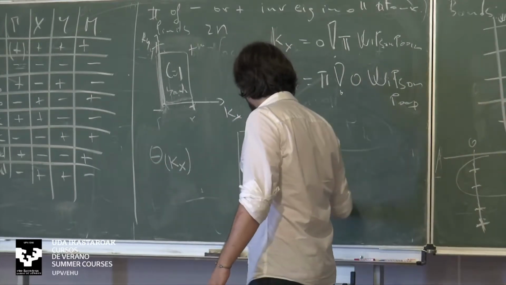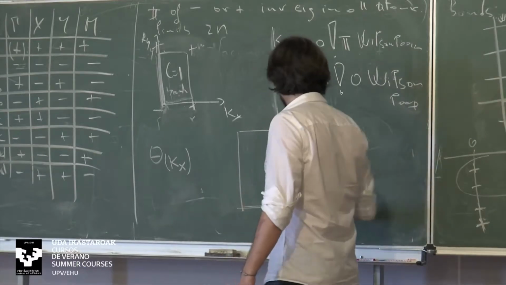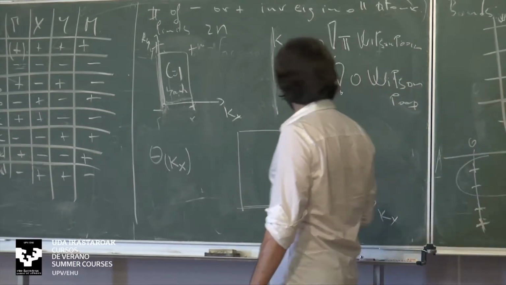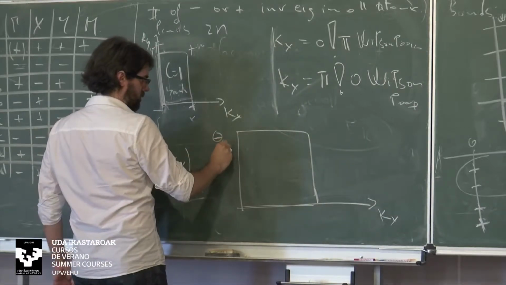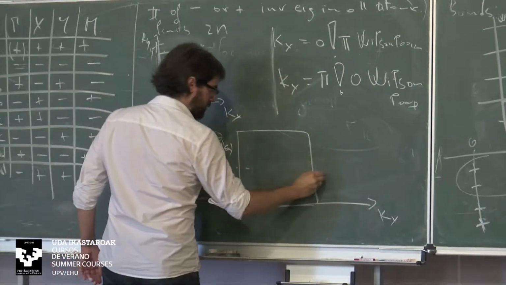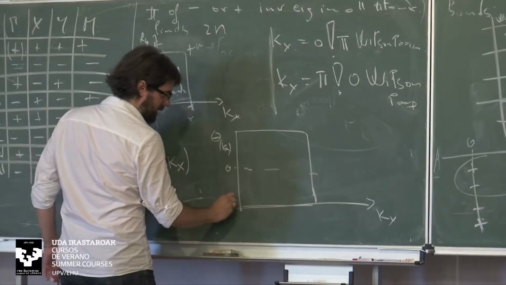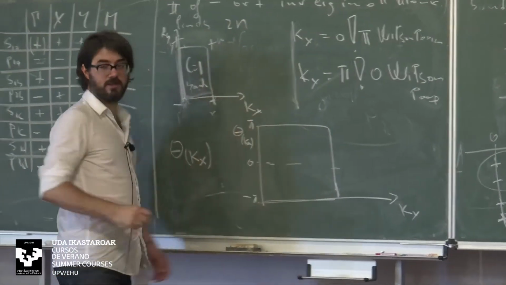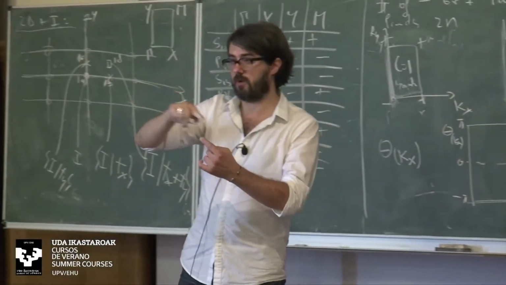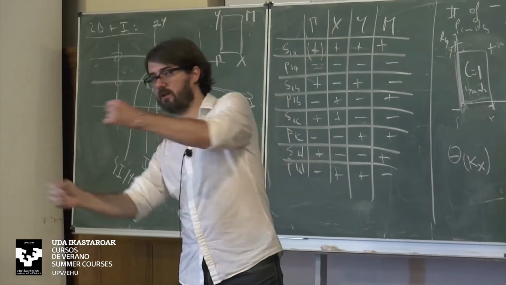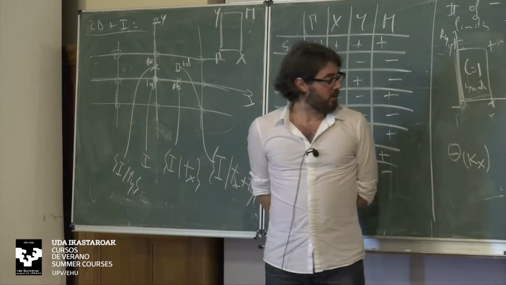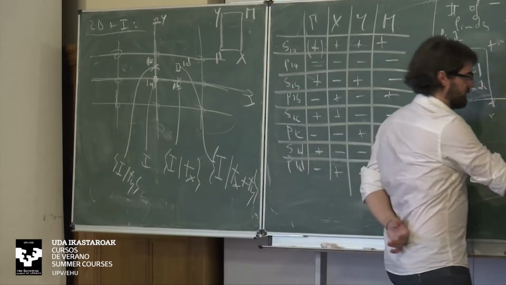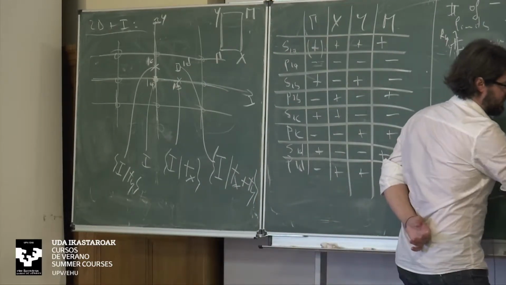So now if I plot the Wilson loop as a function of kx, this is the eigenvalue of Wilson, 0 to minus pi, and it's clearly periodic because I have a unit cell. Once I go outside the unit cell, I go back to the next unit cell. So it's periodic, right? Where this is kx equals 0, this is kx equals pi.